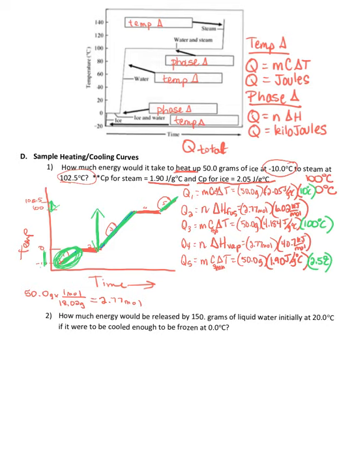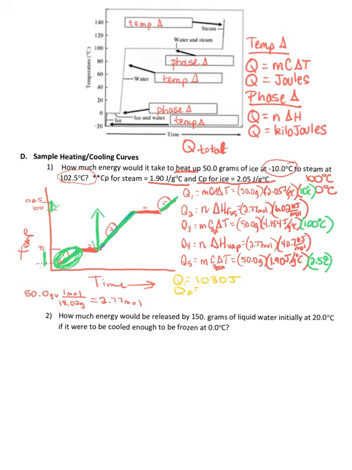All right, so let's break all these little sections down and do the math. So in the first one, Q1, I take 50 times 2.05 times 10.0, and I get 1,030 joules.